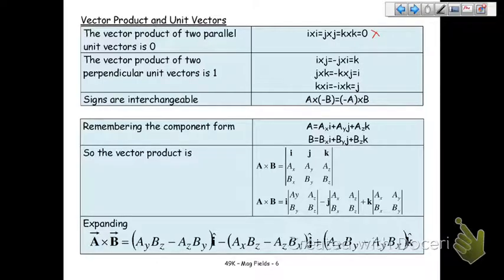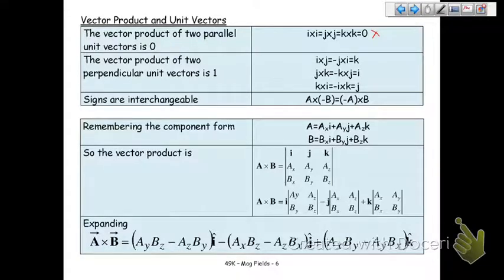It's the positive z direction. So i cross j is 1k, positive, not negative k. Minus j crossed with i gives me the same answer, k. And you can do these others with the others. It's worthwhile playing with those so that you're comfortable with it. They're interchangeable: A crossed with minus B is the same as minus A crossed with B.